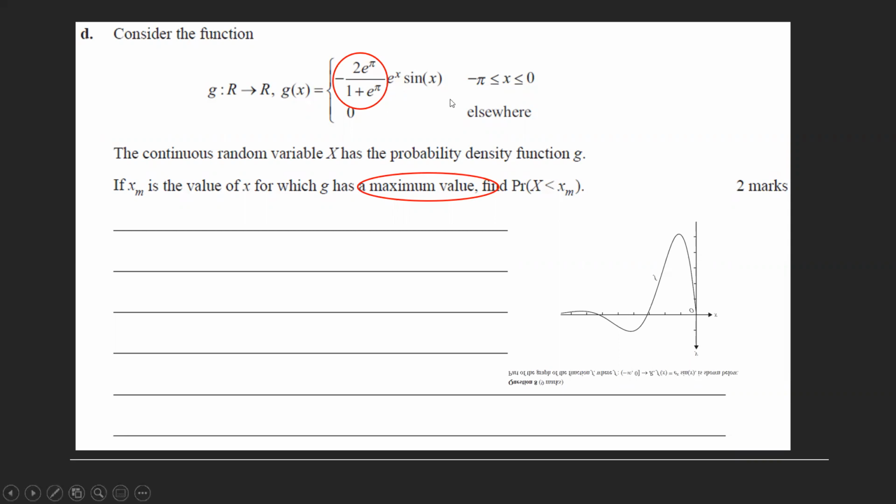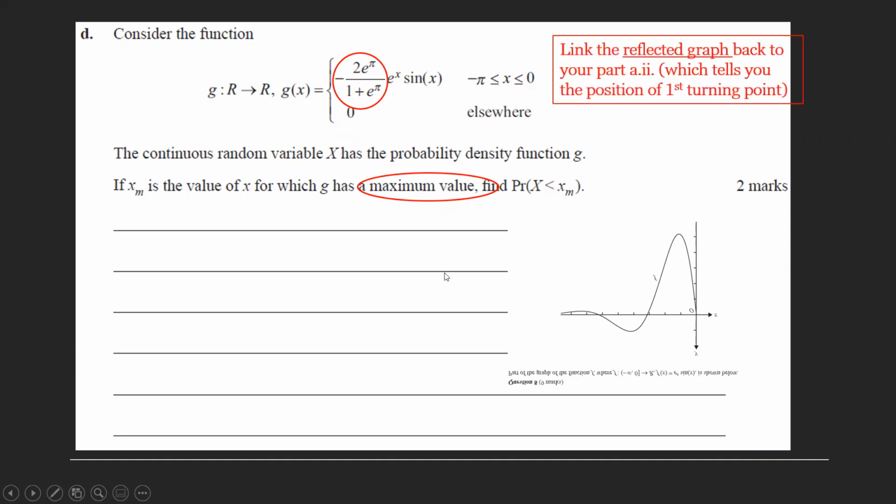Because I want to emphasize, if it's reflected, originally x equals minus π over 4 gives you a lowest value, but if it's reflected, it will give you a highest turning point. So far the maximum value. So that's my hint. That's my explanation. Link the reflected graph back to your part A2, which tells you the position of the first turning point.